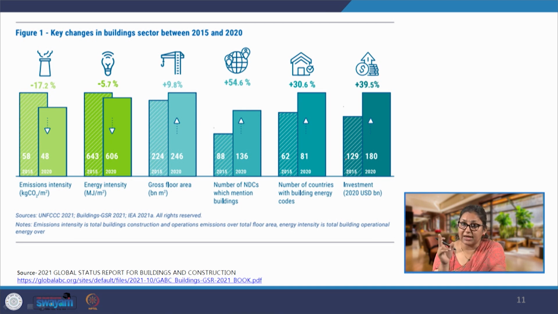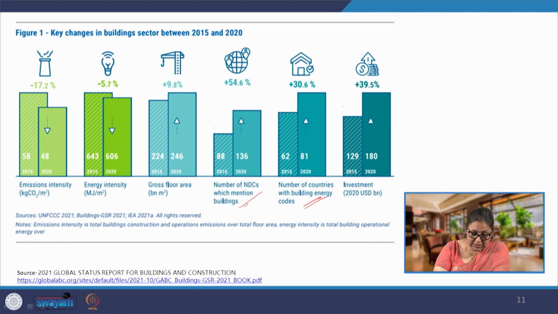If we are looking at the nationally determined contributions, more and more nations are committing to reducing the emissions from buildings, which is a good indicator. It implies that more nations are coming together to reduce the energy intensity or the emission intensity of buildings. That implies more and more policies would be coming, which is the next indicator, the number of countries with building energy codes.